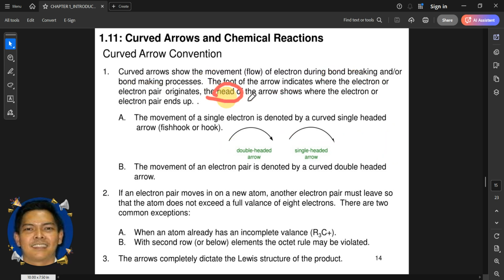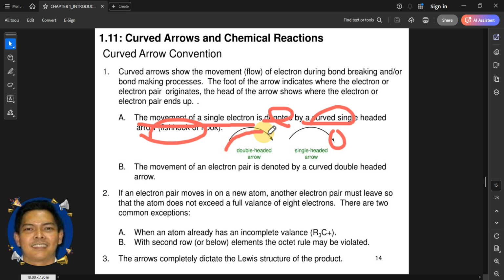The head of the arrow shows where the electron or electron pair ends up. The movement of a single electron can be denoted by a curved single-headed arrow, a fish hook. You can see here this is a fish hook.